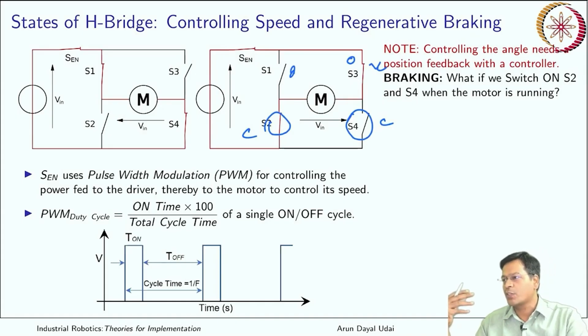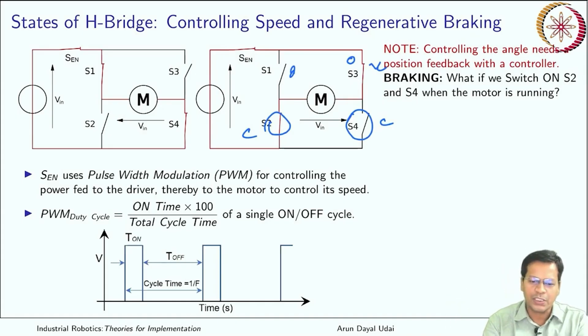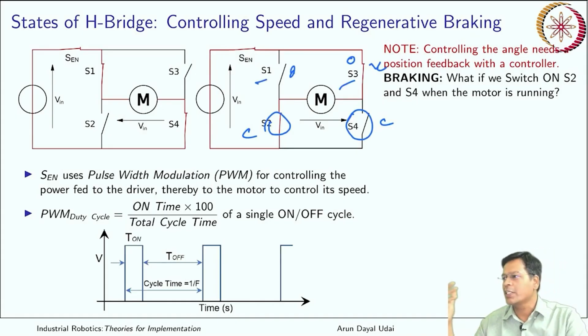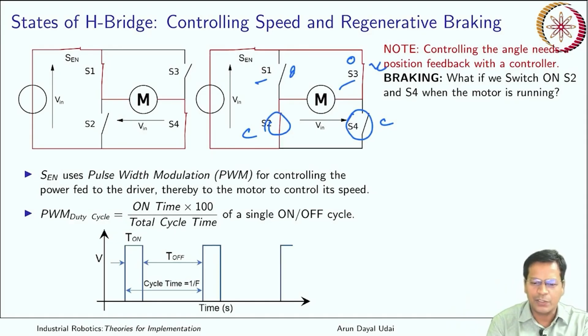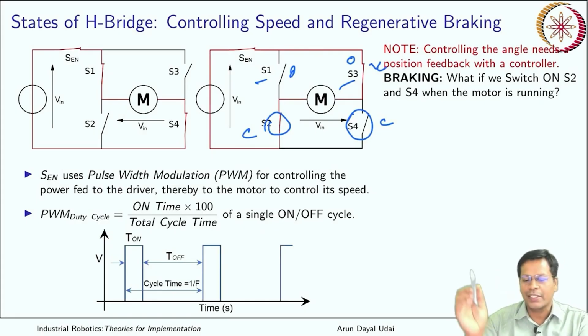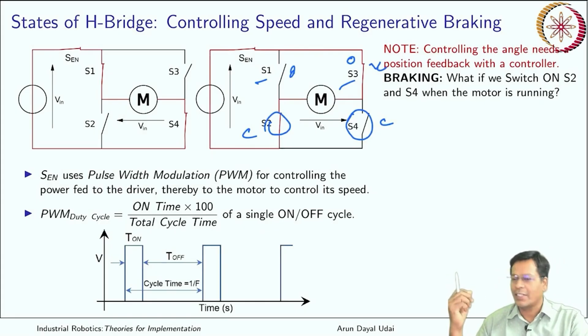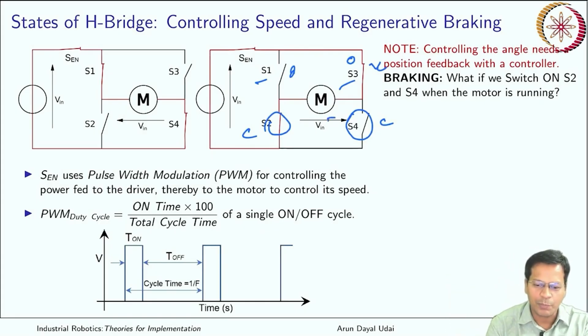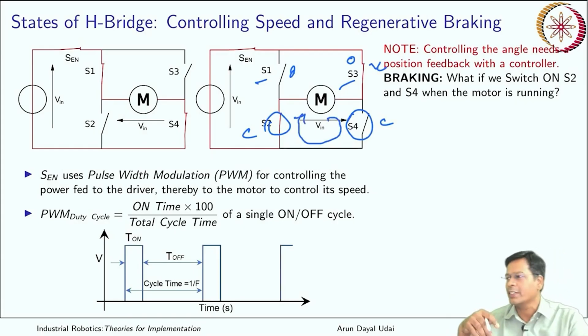If you don't provide power to it by switching off these two switches S1 and S3, it is not provided with current. It is already running, and by closing these two switches S2 and S4 you have short circuited this running generator. So you will have a huge loop current flowing through it, and that will create a back EMF and a reverse torque.